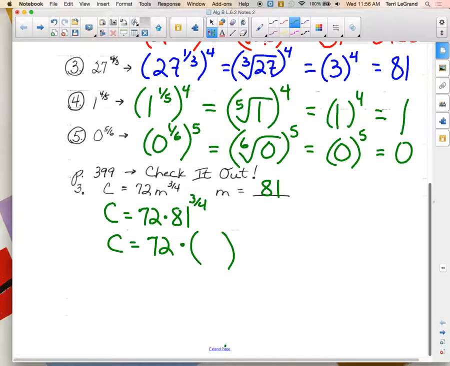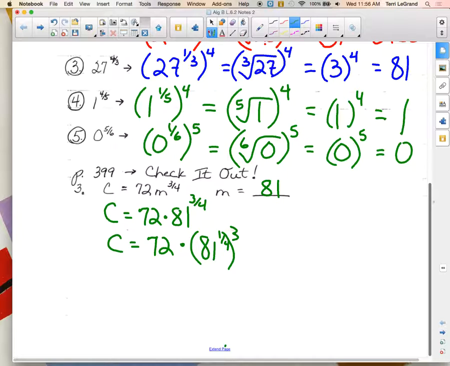Tori, what do you think it would be? We're renaming it as a power to a power. 81 to the 1/4 power, yep, and then to the 3rd power.